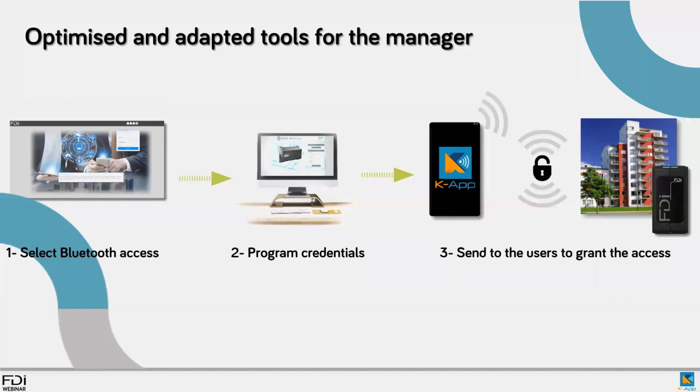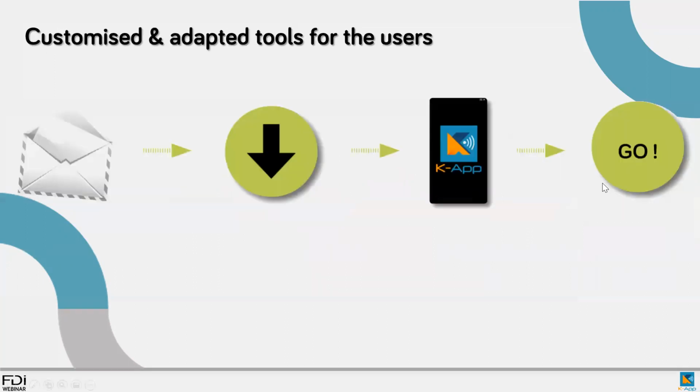So let's talk about the end user. The end user will only have a few steps to program his access. He will first be informed that he will receive a notification by email, and that is why it's really important to set and enter his email address in the software.